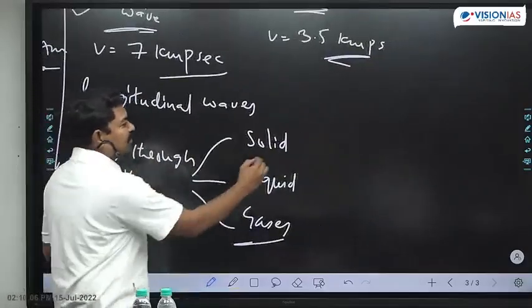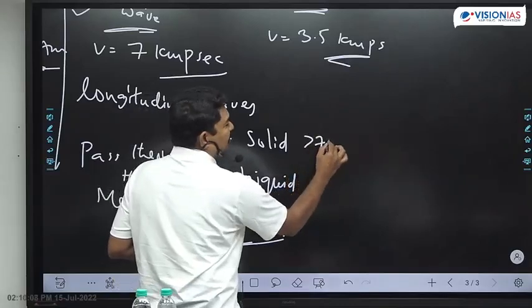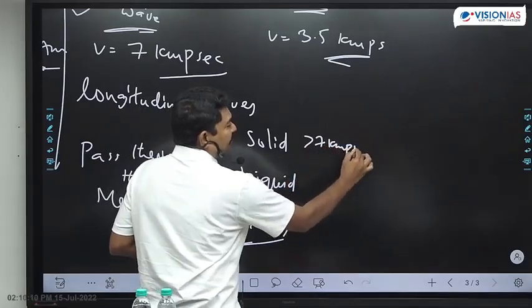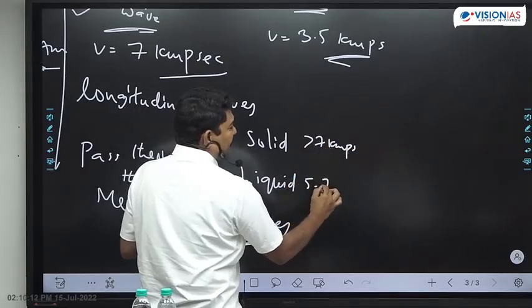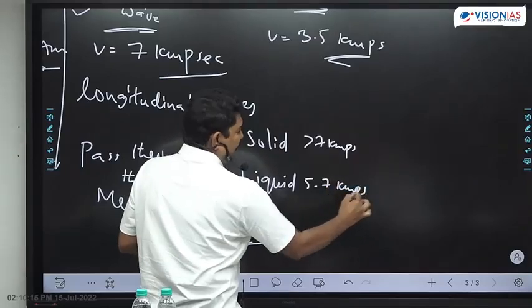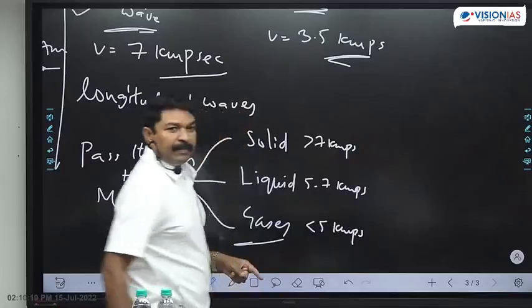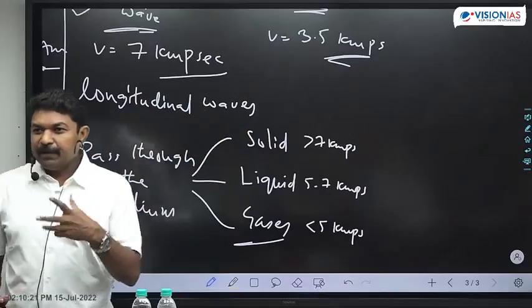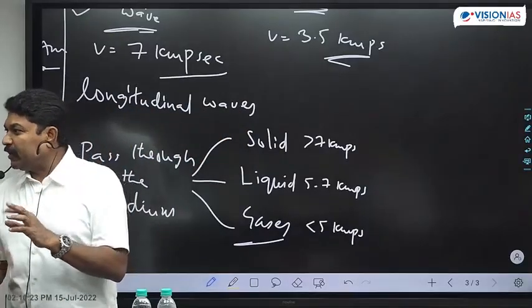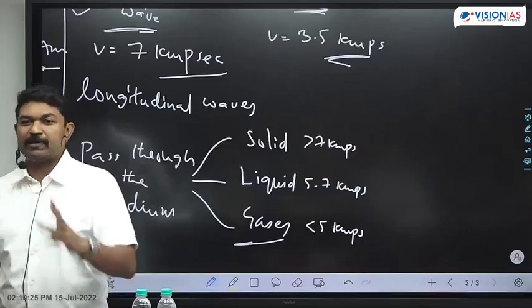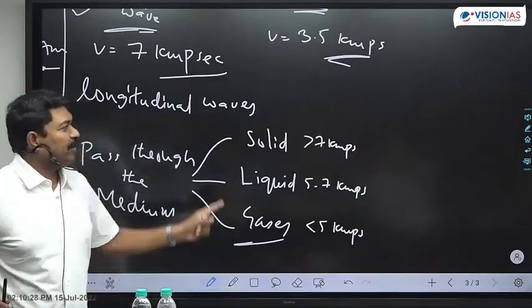In solids, they can pass through at more than 7 kilometers per second, whereas in liquids, around 5 to 7 kilometers per second, whereas in gases, less than 5 kilometers per second. That is the property of the P wave.